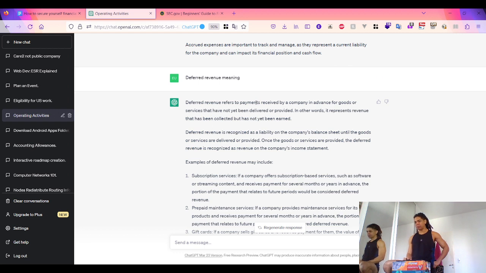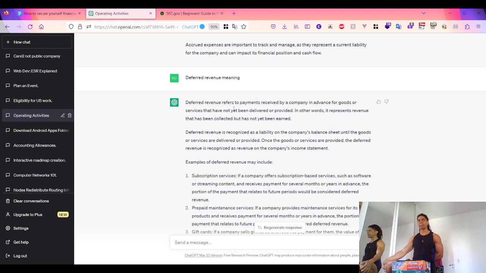Deferred revenue refers to payments received by a company in advance for goods or services that have not yet been delivered or provided. In other words, it represents revenue that has been collected but has not yet been earned. Deferred revenue is recognized as a liability on the company's balance sheet until the goods and services are delivered or provided. So here you collect the payment but you haven't provided the good and service.